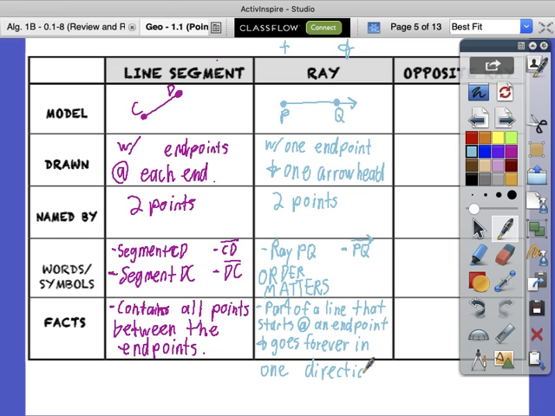This was a pretty long one, by the way. So it's part of a line that starts at an endpoint and goes forever in one direction. Before, the line went forever in both directions, the segment stopped on each side, and a ray goes forever in one direction.